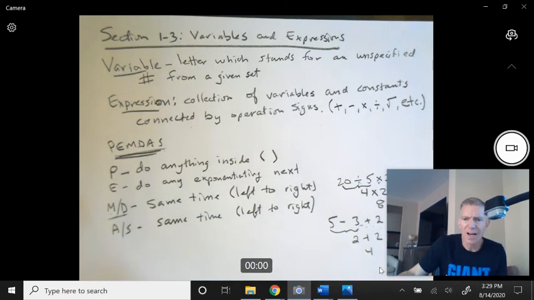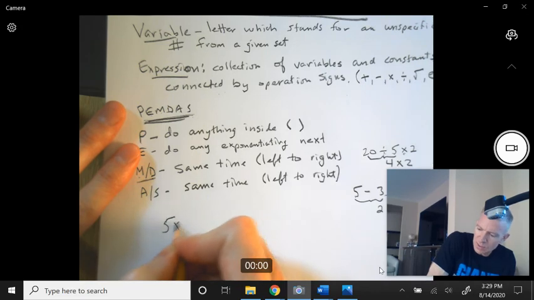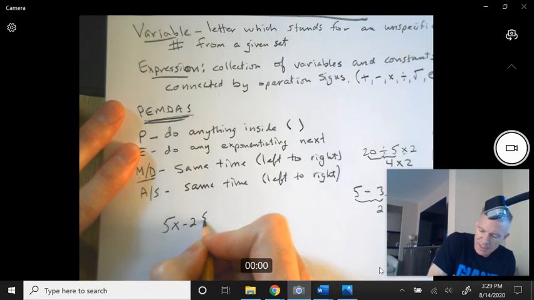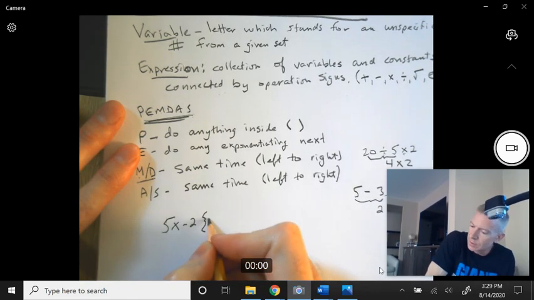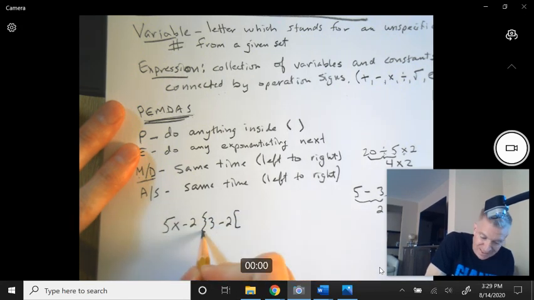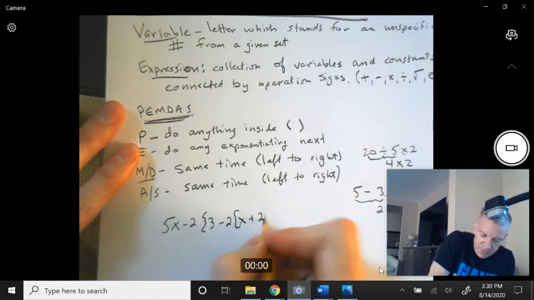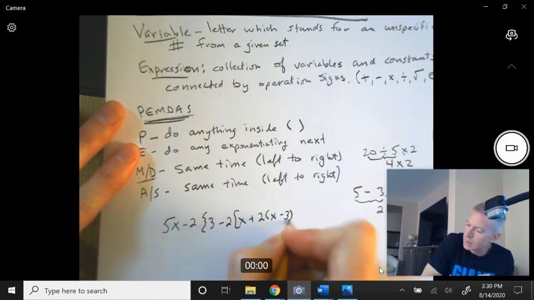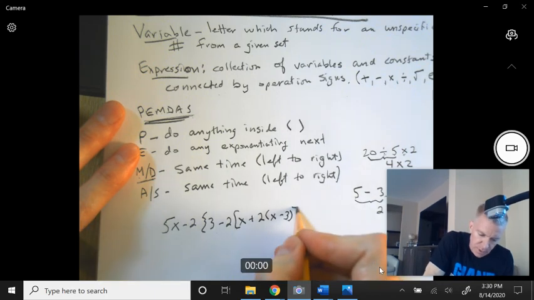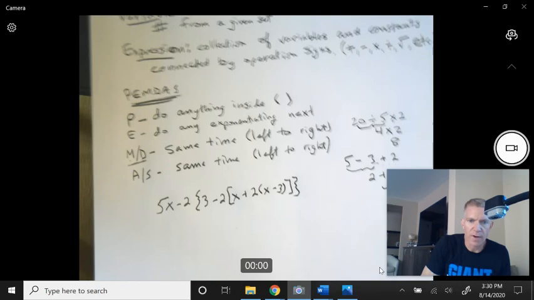Okay. Now, at the bottom of this page in your packet, there's a problem that looks like this. 5x minus 2, and then there's brackets, 3 minus 2, those are braces, and these are brackets, x plus 2 times x minus 3, close the bracket, close the braces, and you're going to do order of operations.